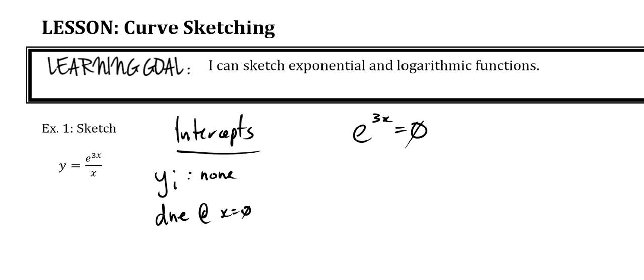Does it ever touch 0? I guess you could rewrite it as a logarithm, but probably the easiest way to think about it is the graph. And so this never happens. No x-intercepts either, so no intercepts of any kind. Interesting. Again, in these kinds of graphs, anything's possible.